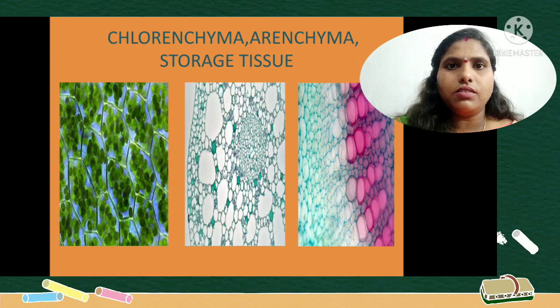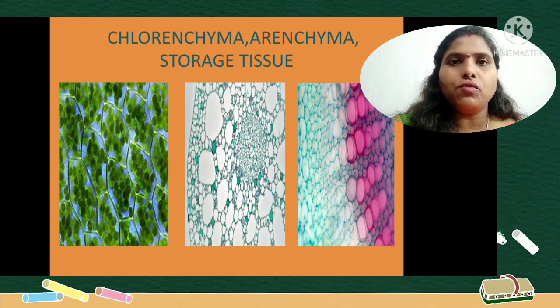The first one is chlorenchyma. Here there is a meaning: chloro means green. This tissue is green in color, meaning it has chloroplasts. This chlorenchyma is very helpful for making food for the plant itself, meaning it is involved in photosynthesis.